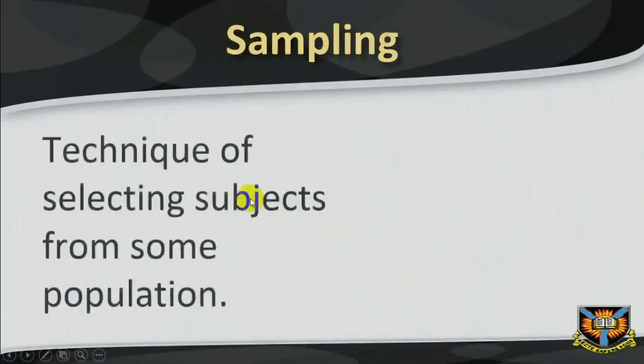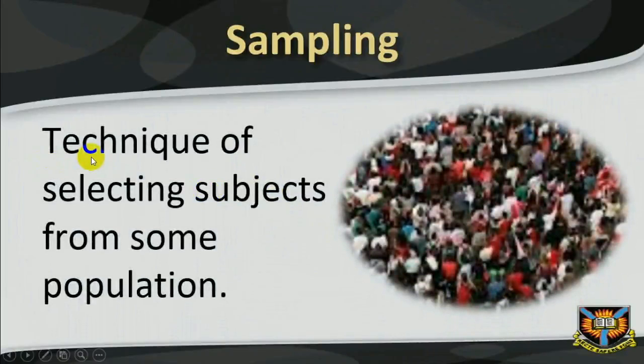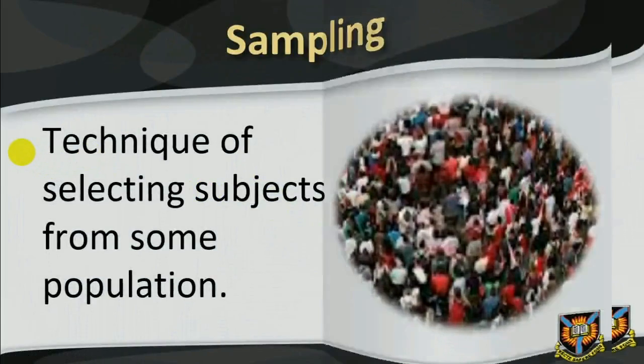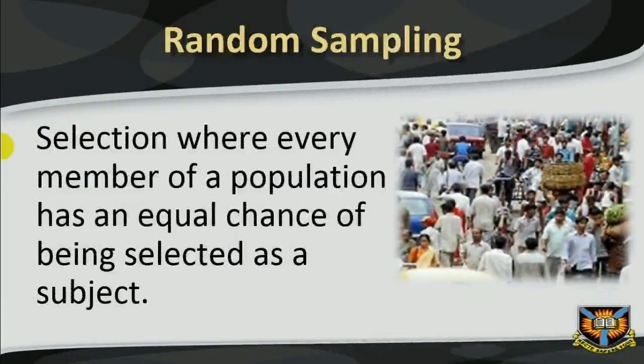Sampling is necessary because it is usually impossible to test the entire population, say all college sophomores in the United States. Random sampling means that any member of a population has an equal chance of being selected as a subject.